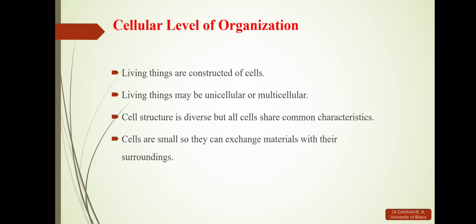We have some common characteristics between cells, particularly found in the structure: presence of membranous organelles, presence of a nucleus, presence of exchange between cells, etc. Cells are small, so they can exchange materials with their surrounding environments. So we have exchange of molecules between cells and between cells and the environment.